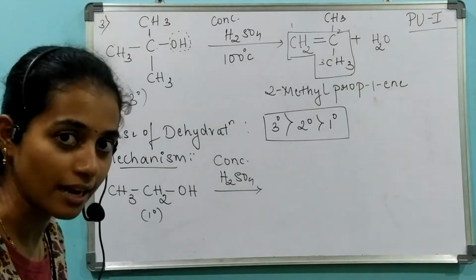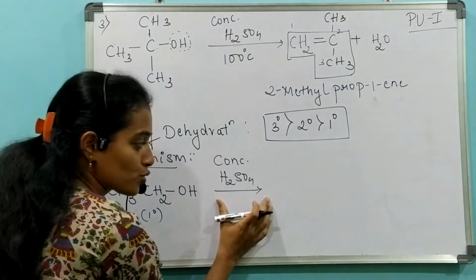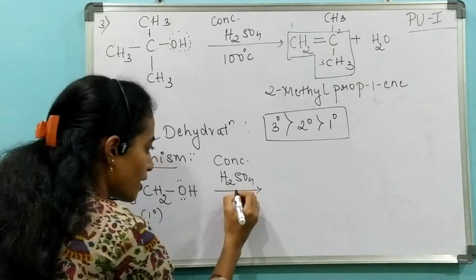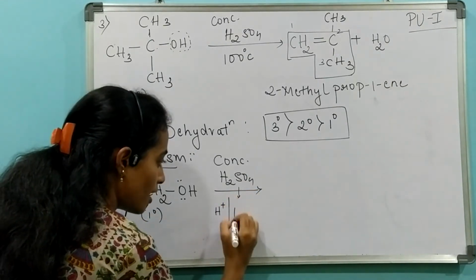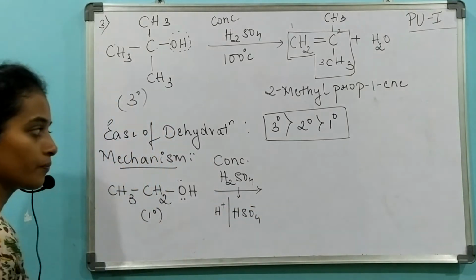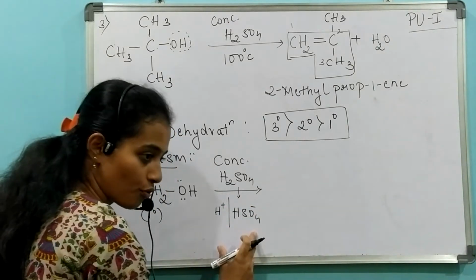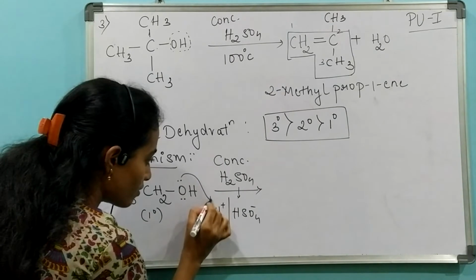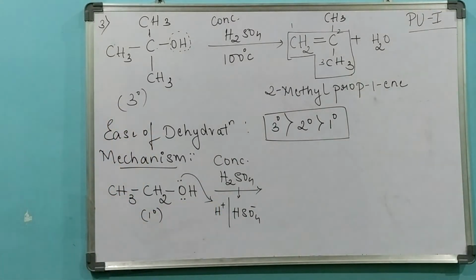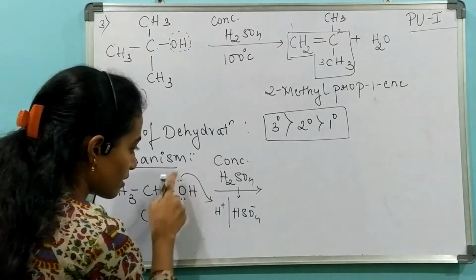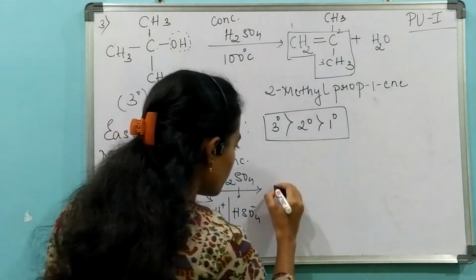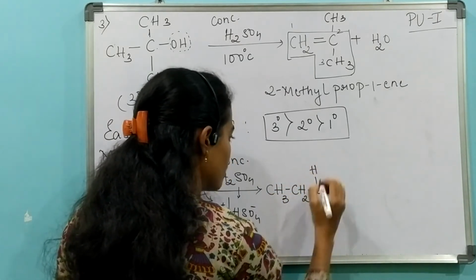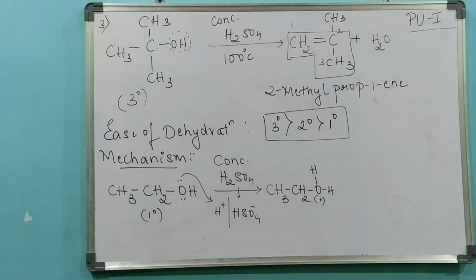Here we will have H+ and HSO4- from the H2SO4. The lone pair of electrons on the oxygen attacks this H+, that is the proton, so you will get CH3CH2OH2+.